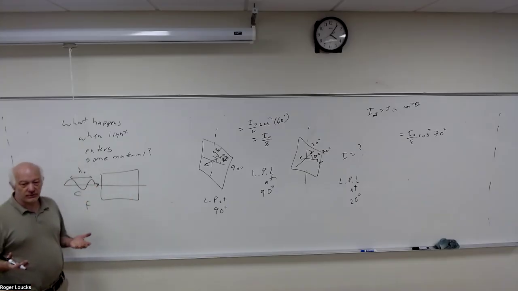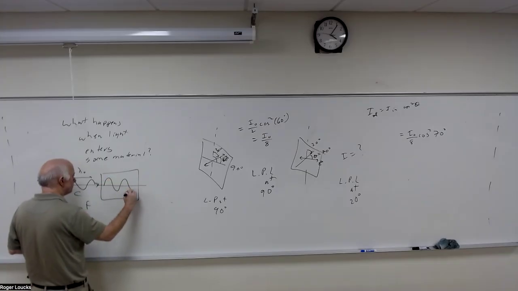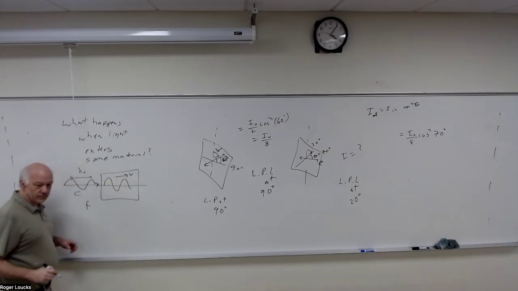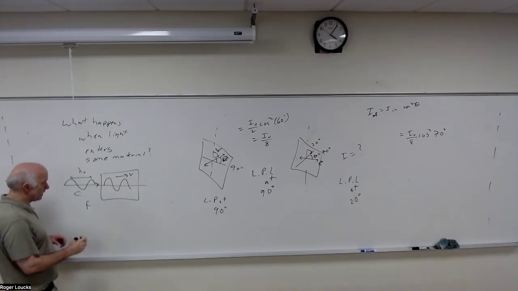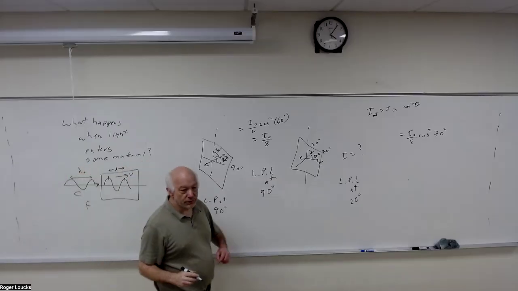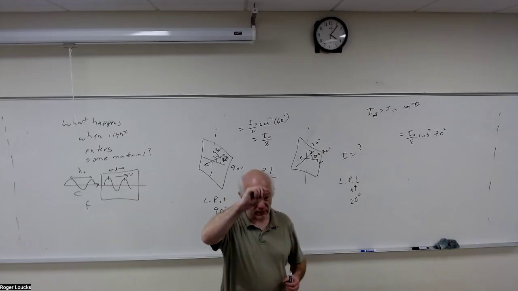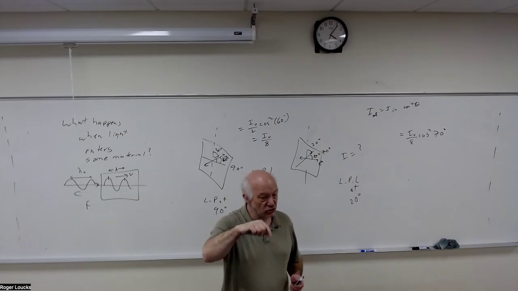First of all, what do you think is going to happen to the speed? It's going to decrease. So the wave comes in here with some speed v, and it has some new wavelength, which we'll call lambda. The frequency represents the rate at which the electric field is oscillating up and down, and that doesn't change when you go into the material.